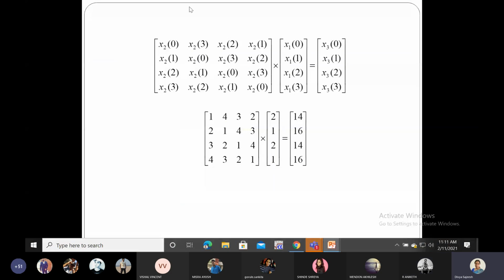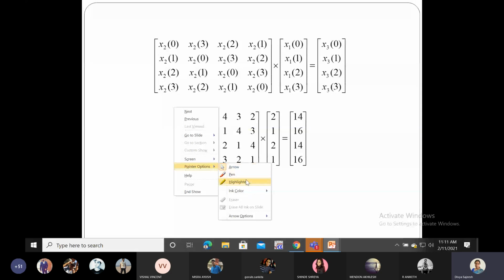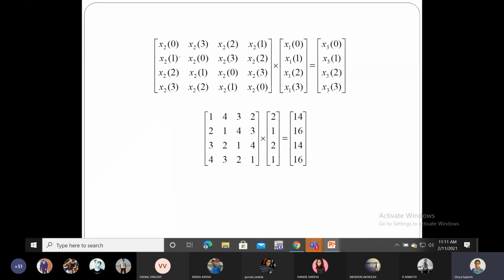What I told, I'll repeat once again. We have two signals, x1 of n and x2 of n. You have to do the circular convolution of these two signals.